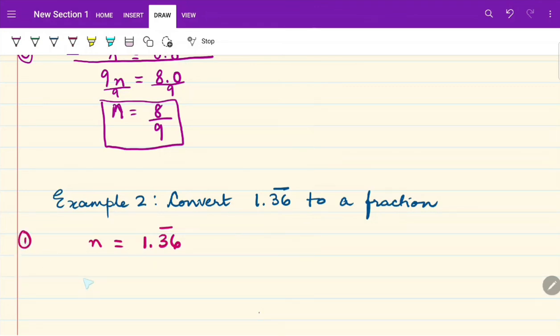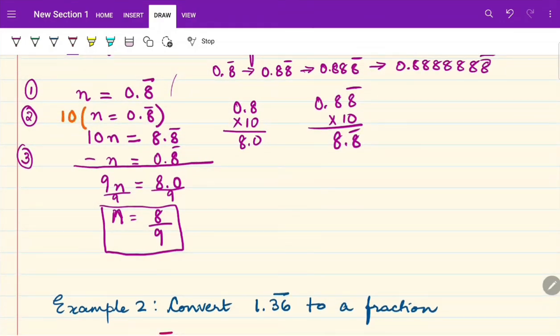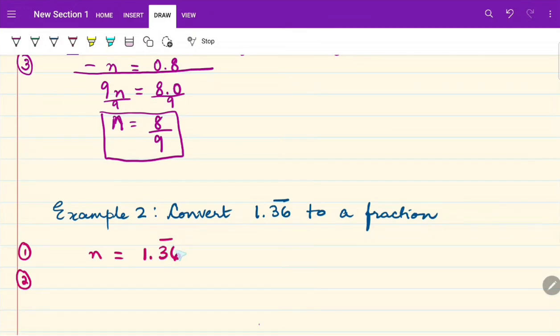Now, in the second step, we have to multiply this equation. Remember previously when we were working with one digit repeating, we had multiplied by 10, correct? This time, because we have two digits repeating after the decimal point, we have to multiply by 100. So let's do that. The entire equation, n equals 1.36 bar, has to be multiplied by 100.